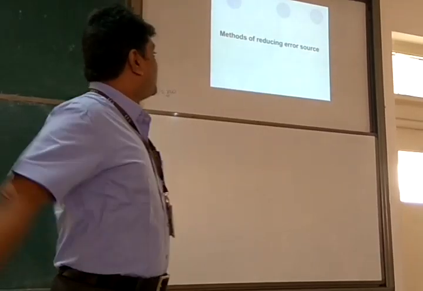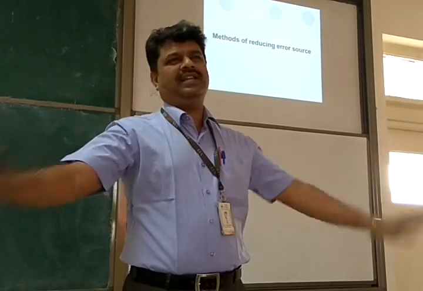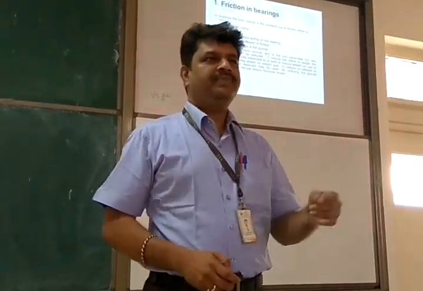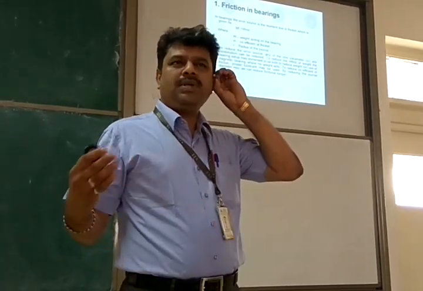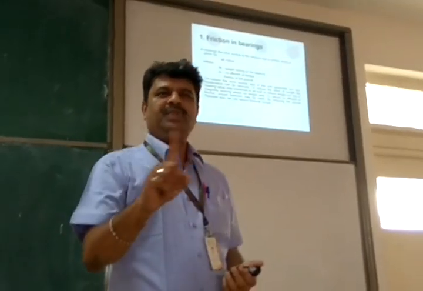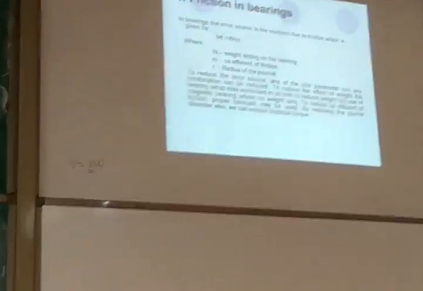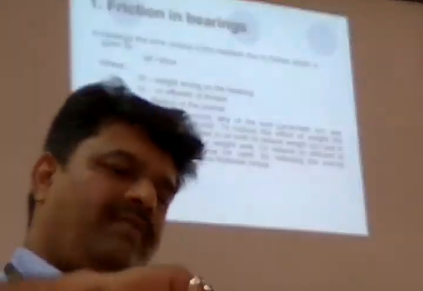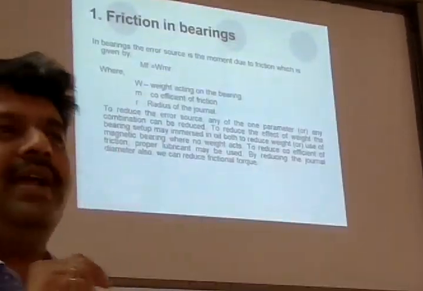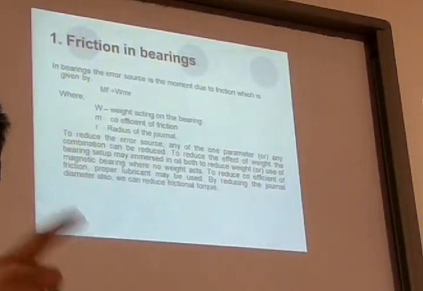Okay. Methods of reducing error source. Let's say we understood these are all the sources of error. Now how to reduce them? The first one is, in the olden days, most of the instruments were pointer based. There is a small bearing for rotating the needle, not a big one like you see on vehicles.